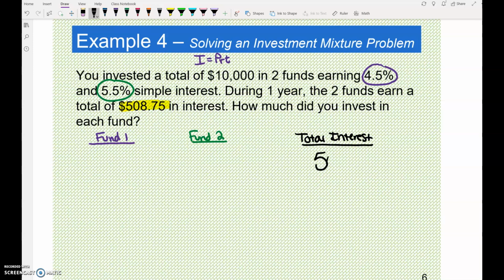Total interest, we are earning $508.75. That will happen when we add our interest from Fund 1 and our interest from Fund 2.